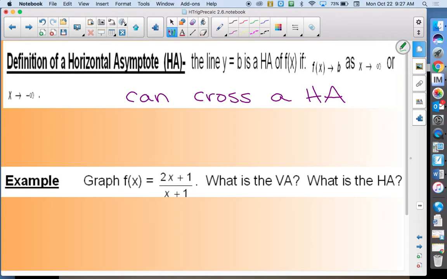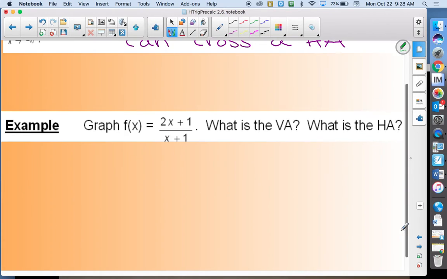So the example here, I want you to graph this on your calculator. And just take a look at what the horizontal and the vertical asymptote are. Just know what they are.